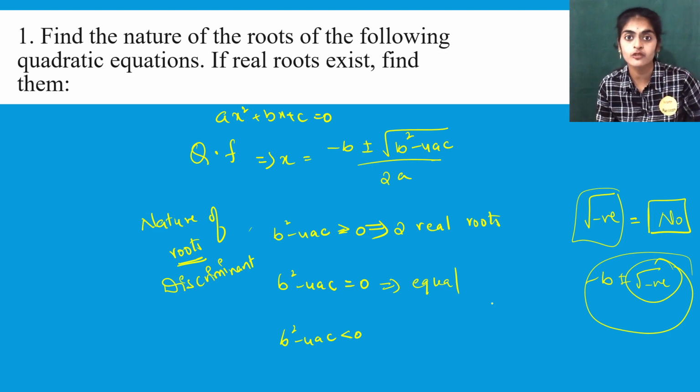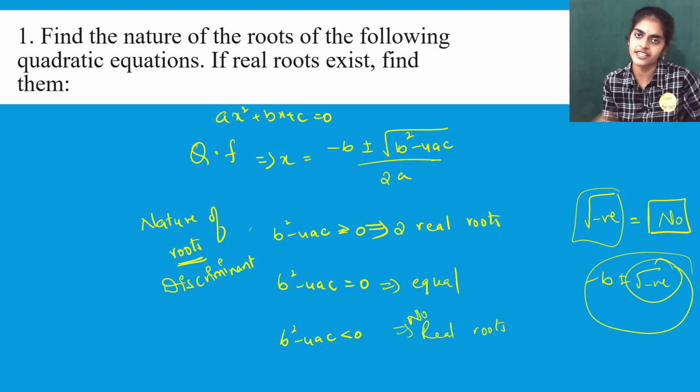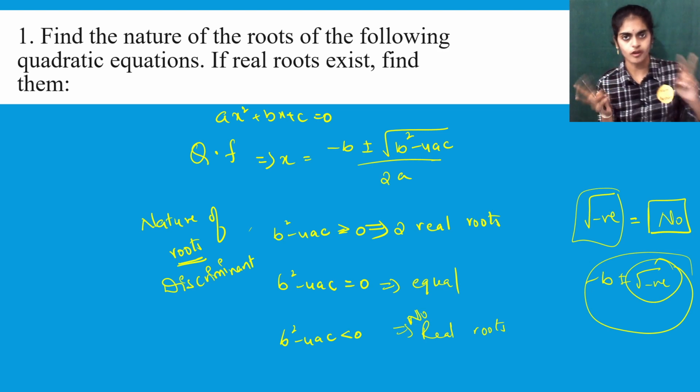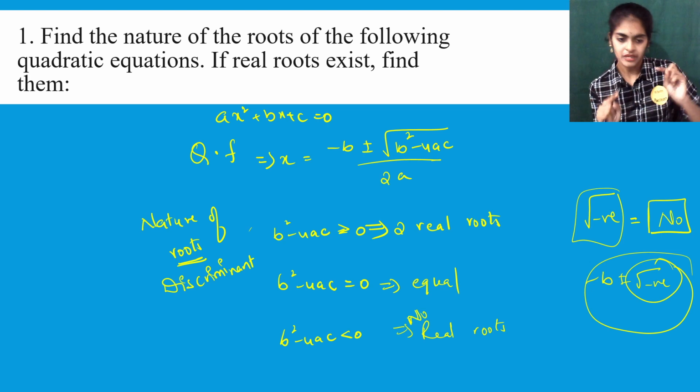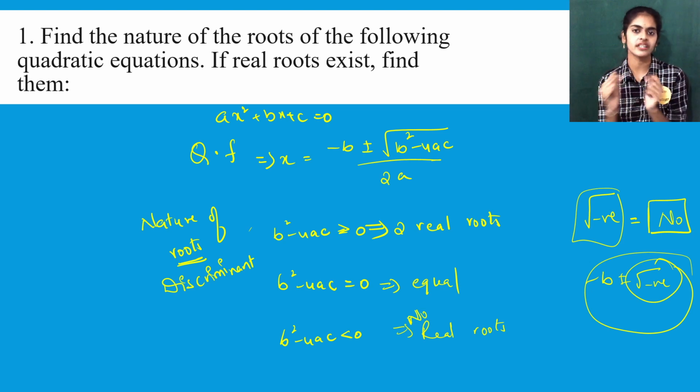So there are no real roots. After going to class 11 and 12, you will learn about complex numbers, where the square root of negative numbers is also defined as imaginary numbers. But here we are learning only real numbers, so we say that there are no real roots.